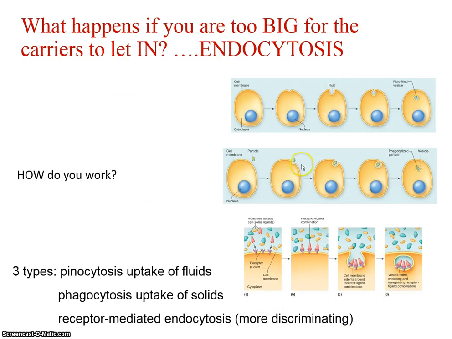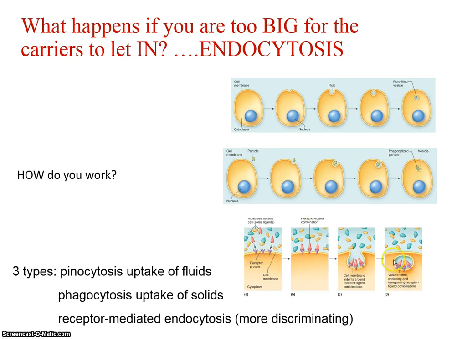Here's another example. This is if you are just too big for a carrier or channel, and it does require energy. It's called endocytosis. It's like cell consuming. In fact, phagocytosis, cell eating, is one example of this. So in this cartoon, again, we have a fluid, some solution that has large molecules. We have a solid particulate matter. And then we have what we call receptor-mediated endocytosis.